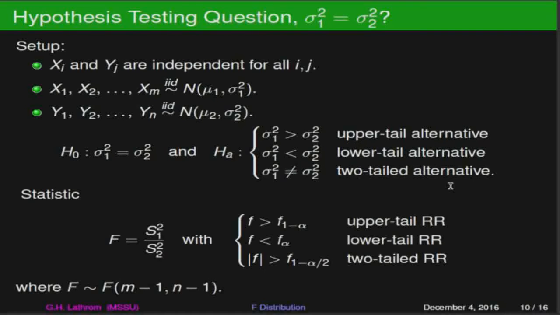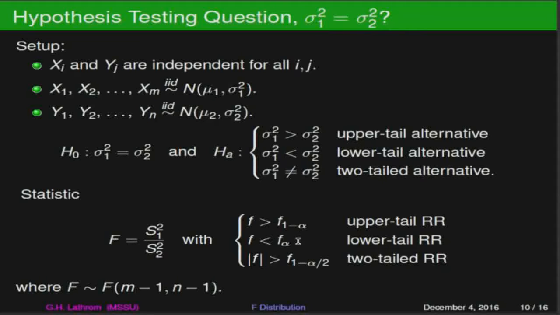And so the statistic that we'll look at is the F statistic, where we're just looking at the sample variance of the x's over the sample variance of the y's. Our rejection region for the upper tail is going to be F greater than F sub 1 minus alpha.